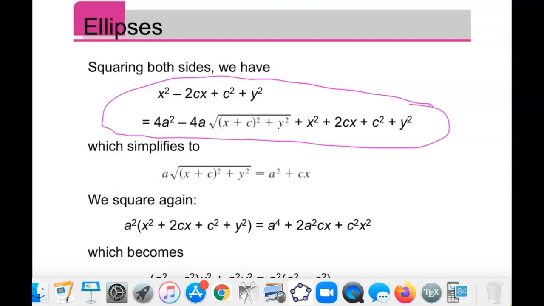Take that, combine like terms, get rid of things that cancel on both sides, and we simplify to this. But then we got to square it again to get rid of that second square root. And so that's going to involve squaring out this side, which still gets a little more messy. And that simplifies to that. So now we've gotten rid of the square roots at least.